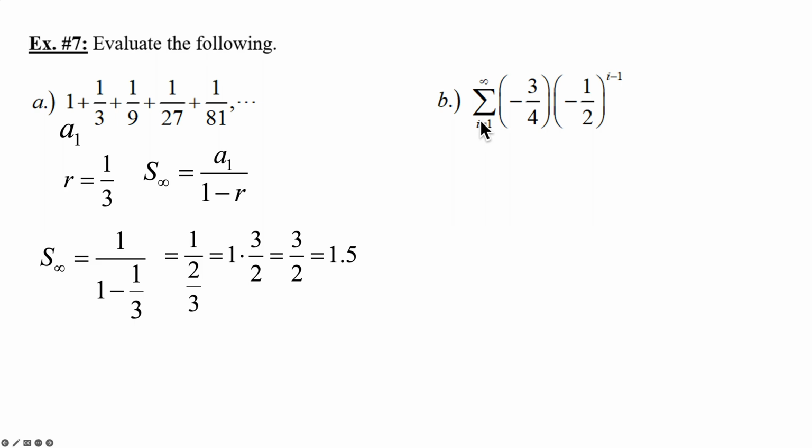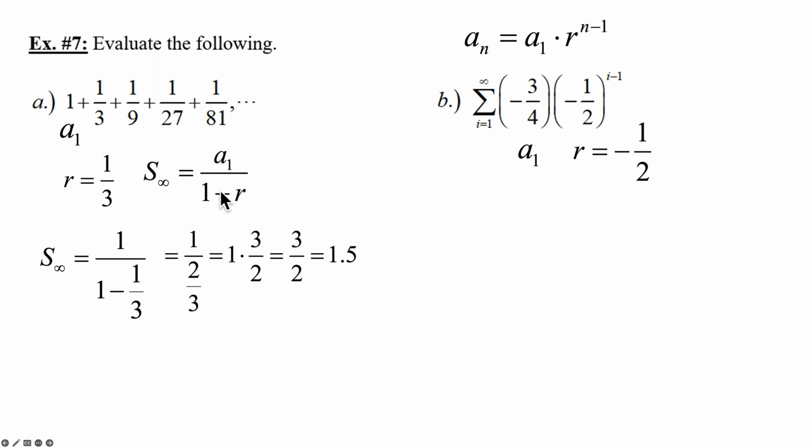For b, I see the summation with the infinity symbol. Now, this notation kind of looks like my a sub 1 times an r to the n minus 1 power. It's just that it's i minus 1 because it's its index. So this is definitely a geometric sequence function. So a sub 1 is the -3/4 and the r is a -1/2.